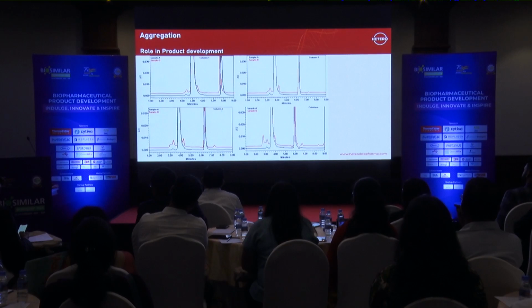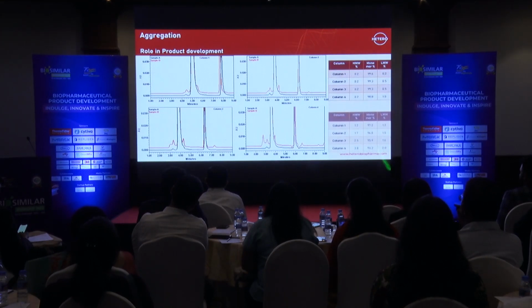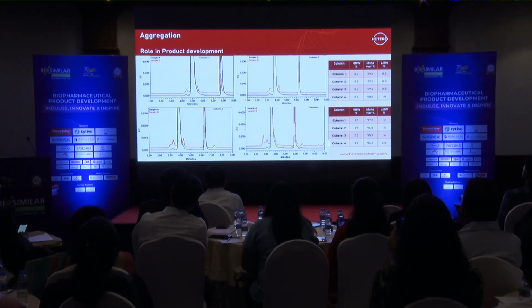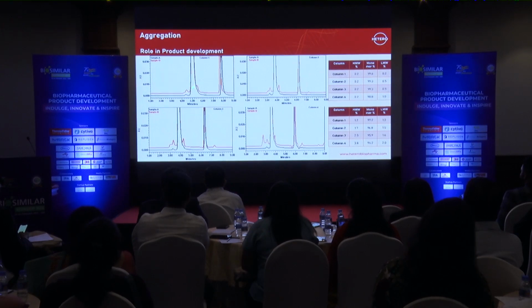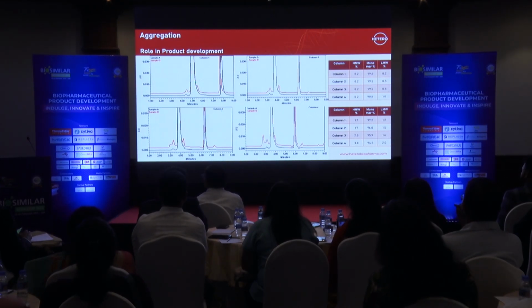So what this shows us is that not only is column selection important for effective product development, but the type of sample that we select to develop an appropriate SEC method is also very important for feedback to process development. The aggregates are not changing in sample 1, but they are clearly changing in sample 2, which is a better tool. If you had developed your process using this method versus this method, you would have had a very different quality product at the end.